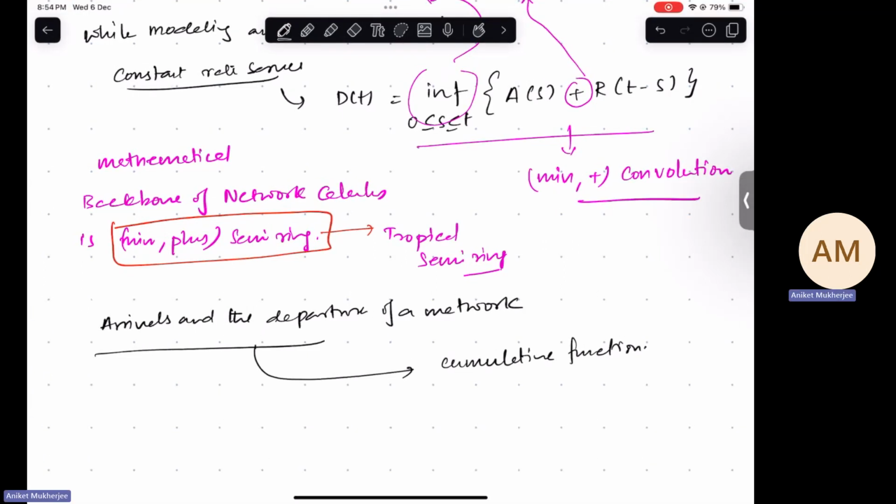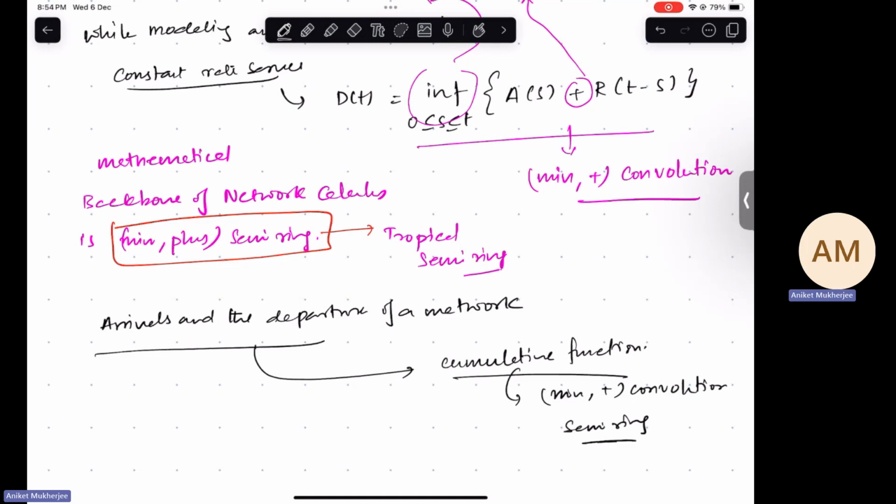And they were non-decreasing. So any cumulative processes which are non-decreasing functions of time can be endowed with the min-plus convolution to form the semi-ring.